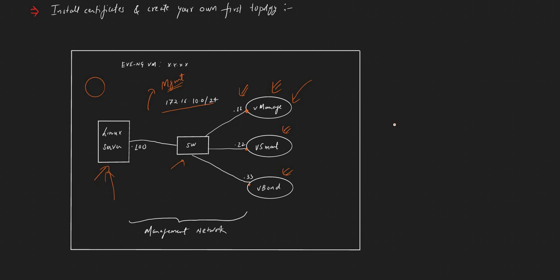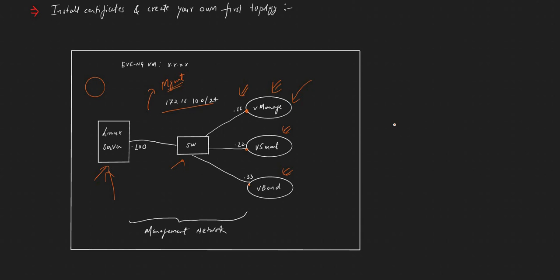If you are not comfortable with what I'm saying about certificates, I'm repeating once again: go and have a look at my video where I've explained SD-WAN certificates, or PKI, and how exactly it works. It is going to be important for you.